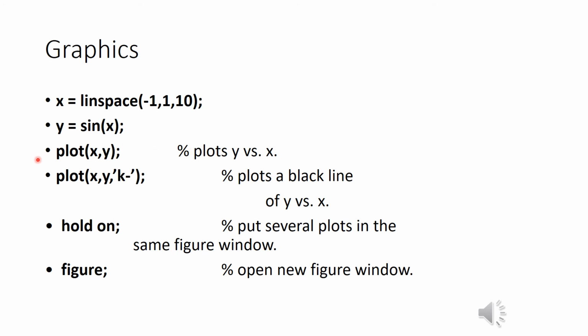So this function plot will plot the values of y versus x, and similarly we can also use the function plot with a third parameter, you can say it's 'k-'. What it actually does is plot a black line of y versus x. If you use the third parameter as shown here, it will give you a black line of y versus x.